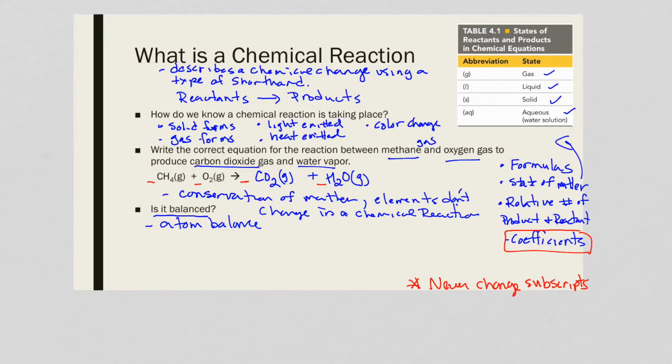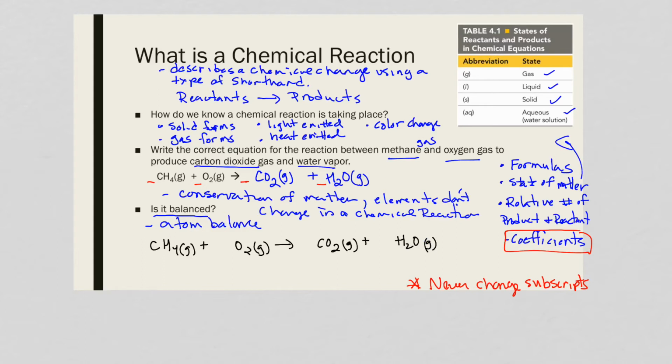So let's go ahead and try to balance this equation. I'm going to rewrite it here. So we have CH4 gas plus O2 gas gives me CO2 gas plus water gas.